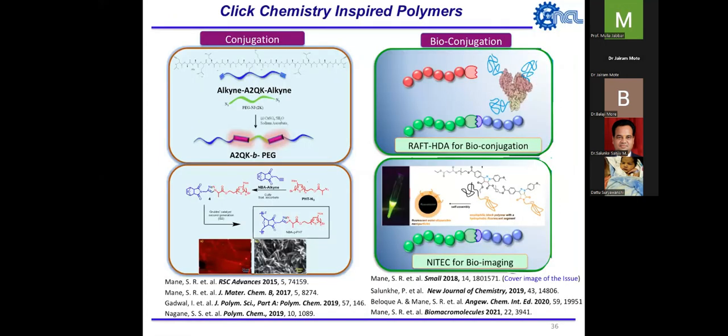My contribution in click chemistry is in two different ways: polymer peptide conjugates or polymer conducting polymer conjugates, and particularly bioconjugations, polymer and protein conjugations. This work we published in Angewandte Chemie, and this is a polymer for cellular imaging applications. I will go into details about this work. This work we published in Small and it was accepted as a cover image for the journal.